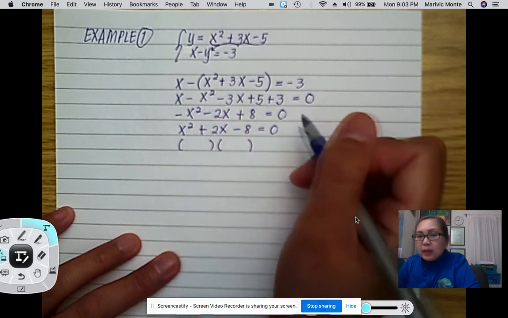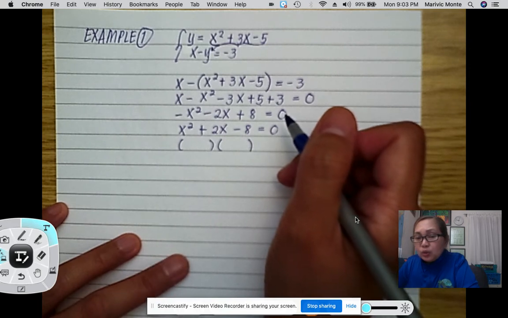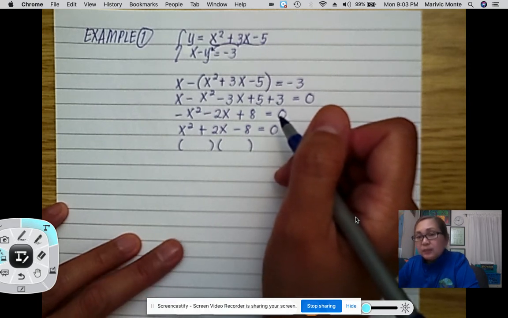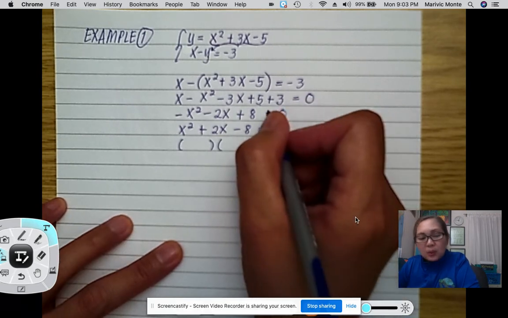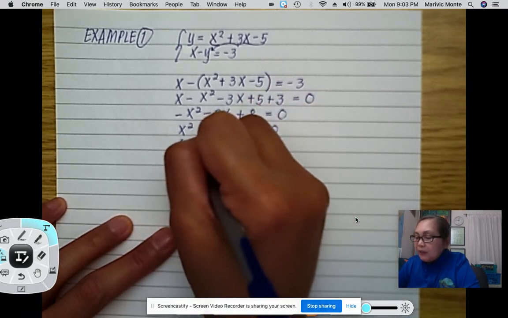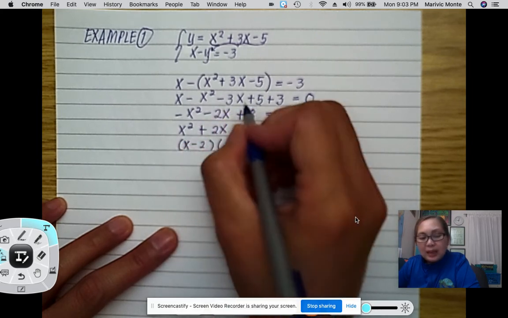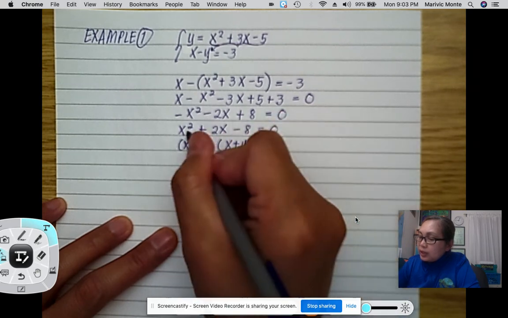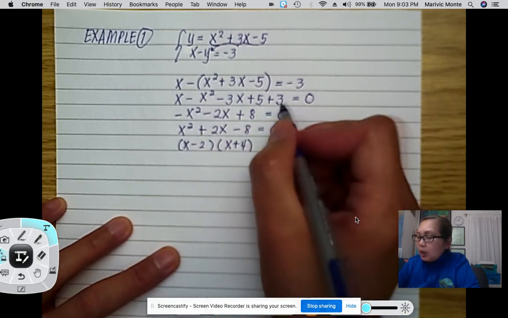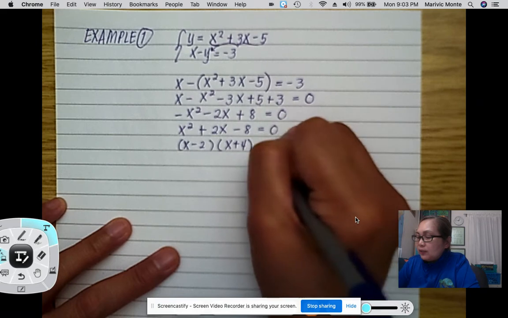And let me remind you that at this point, I'm allowing you to use the factoring calculator just because you still need to review your factoring skills. So using the factoring calculator, you will find x minus 2 and x plus 4. So this is your standard form of the quadratic equation. This is the factored form.